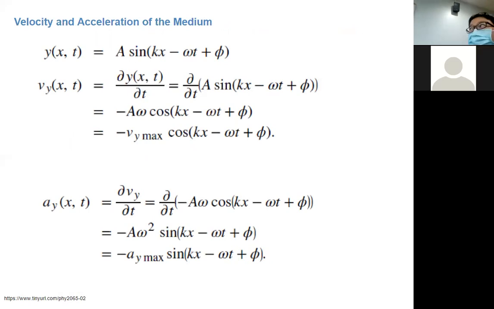From there, you can actually figure out the velocity or the speed of the medium. You'll be taking the derivative of y over dt. For this notation, I think we talked about this last semester, but just in case you don't remember or you didn't learn this before.